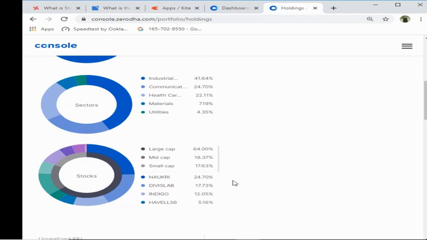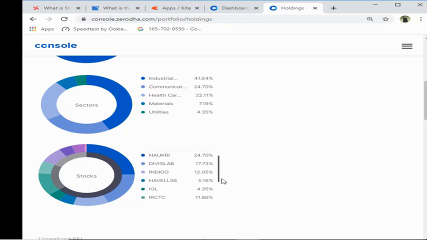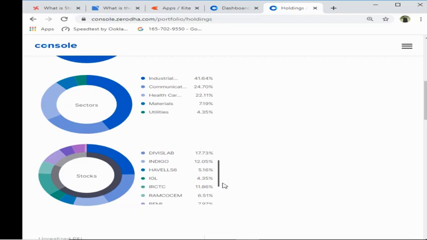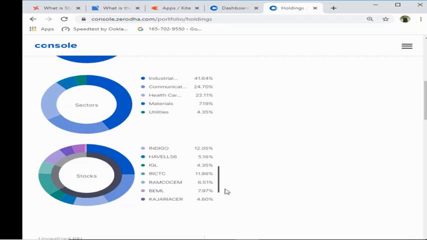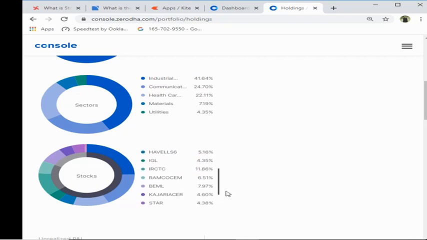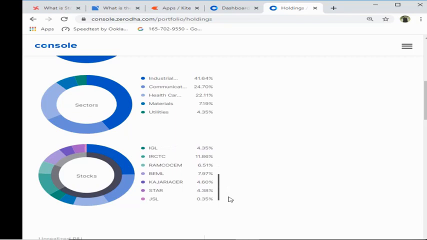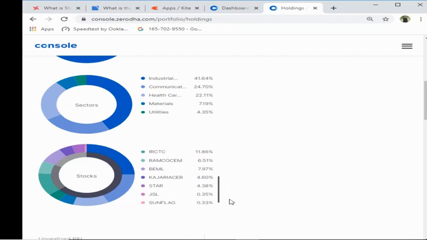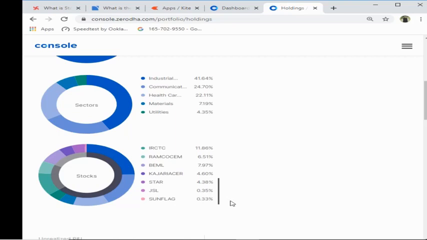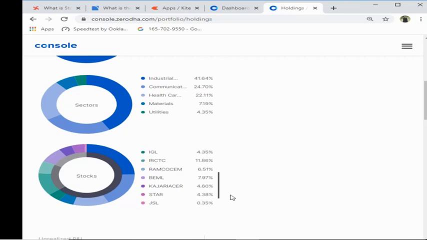So 24.7% of the portfolio is invested in Naukri, 17.73 in Divis Lab, 12.05 in Indigo, 5.16 in Havells, 4.35 in IGL, IRCTC 11%, Ramco Cements around 6.5, BEML 7.97%, Kajaria 4.6, Star 4.38, and small amounts invested into JSL, that is just 0.35% of the portfolio, and Sunflag 0.33% of the portfolio, right? So this is the amount that has been invested into various stocks.